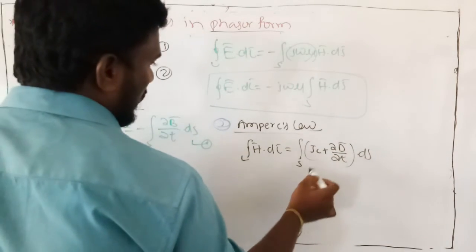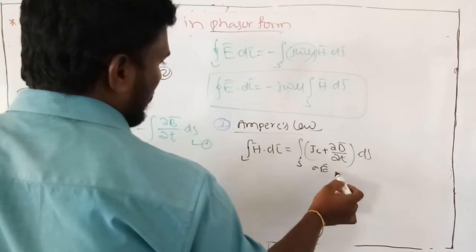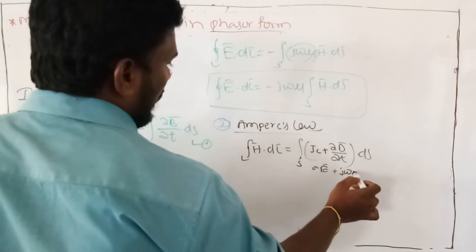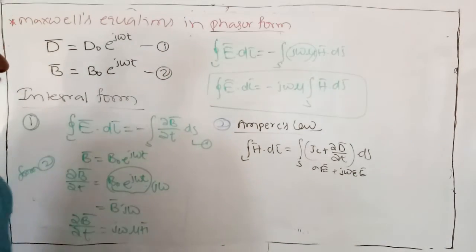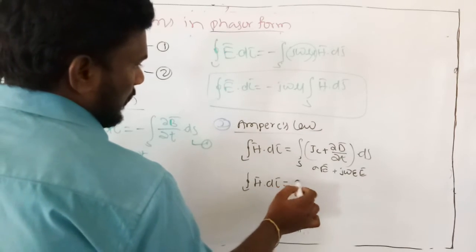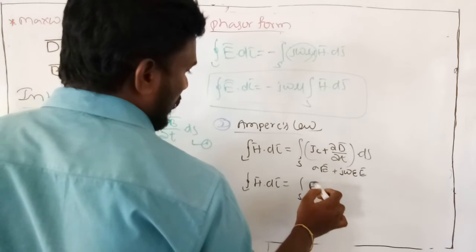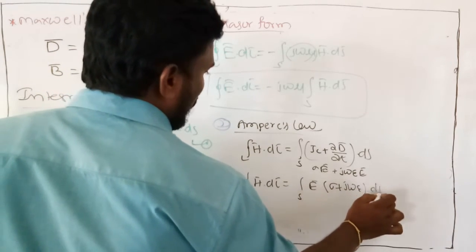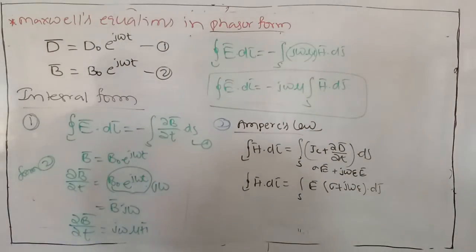Where J_c is already known to you, that is sigma times E bar, and ∂D bar by ∂t is already known to you, that is j omega epsilon E bar. Is it or not? Yes. So line integration of H bar dot dl bar is equal to the surface integration of E bar, which is common, times sigma plus j omega epsilon dot dS bar. So this is the Maxwell's equation in phasor form.